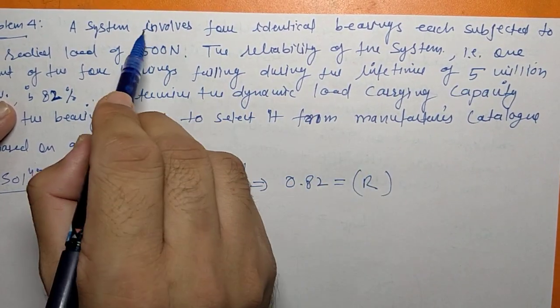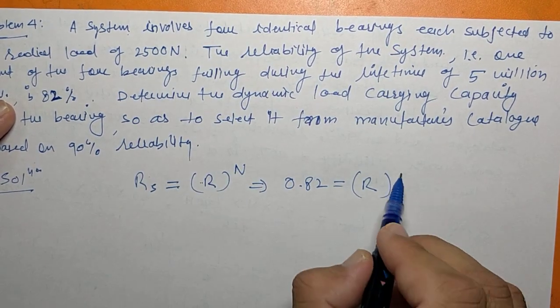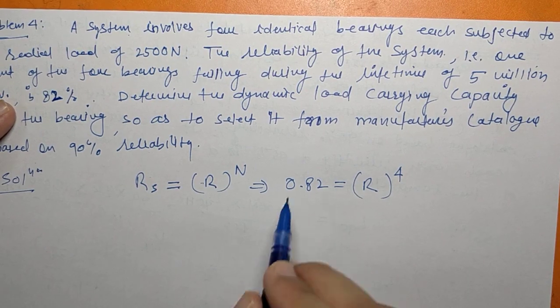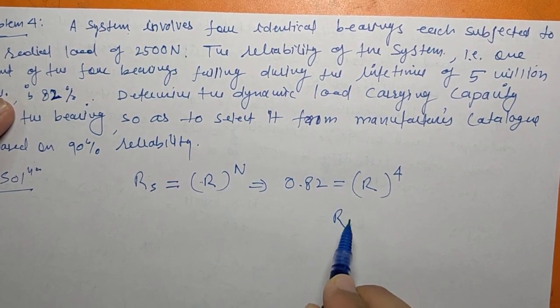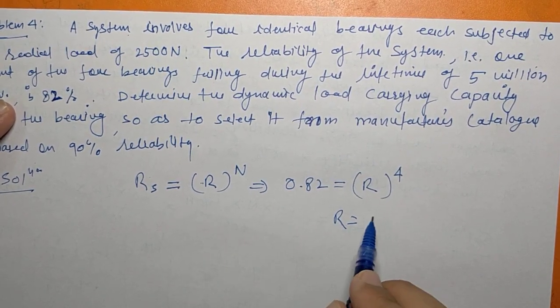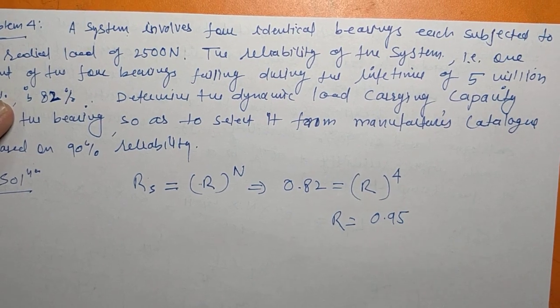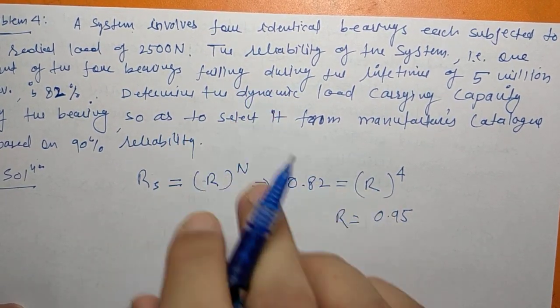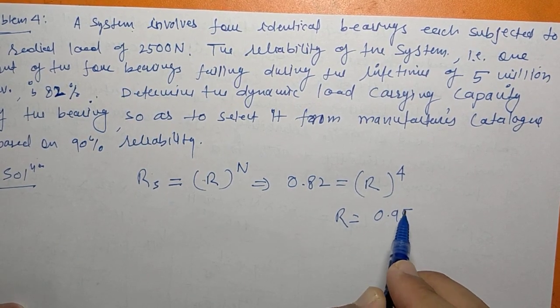N is given as 4 identical bearings, so n equals 4. If we solve this, we'll get R equals 0.95, meaning the reliability for a particular bearing is 95%.